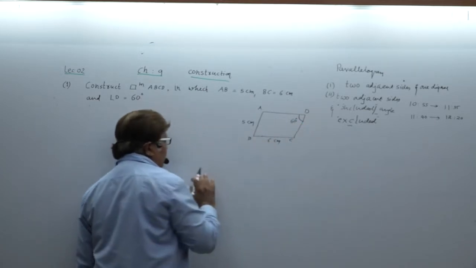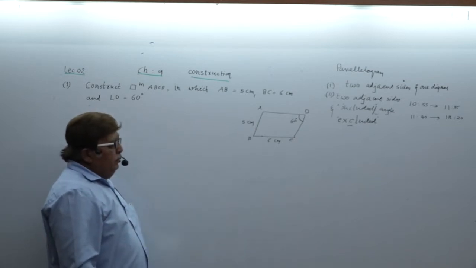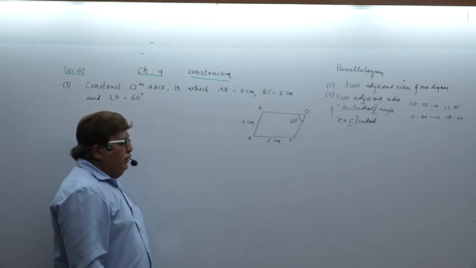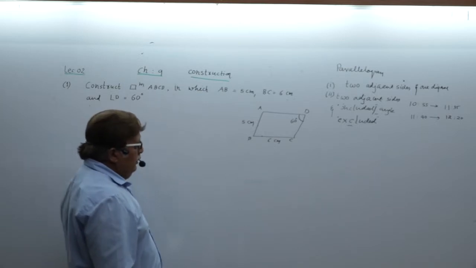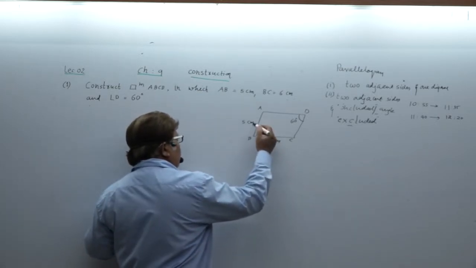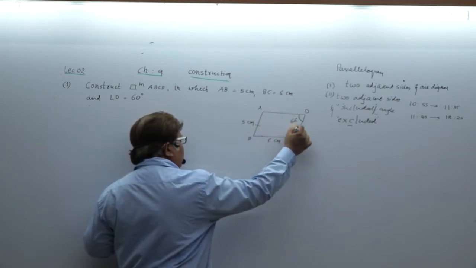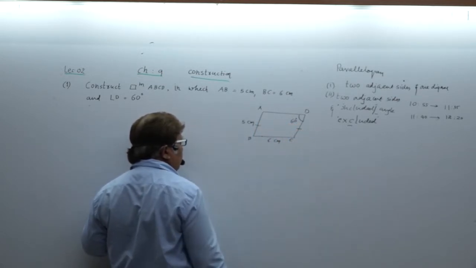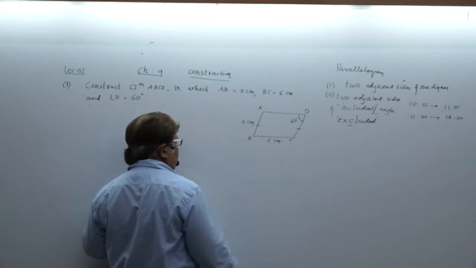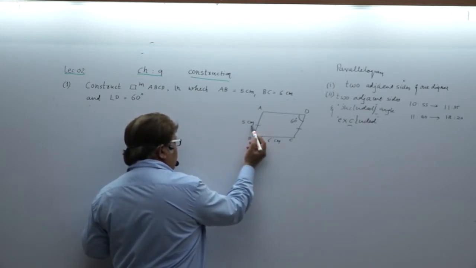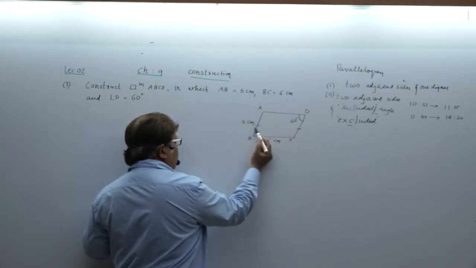Now, dear student, before you start construction, you all know very well that opposite sides are equal in parallelogram. That means AB equal to CD.